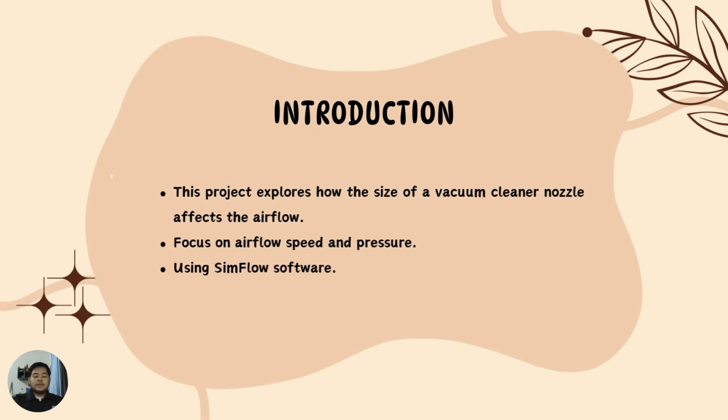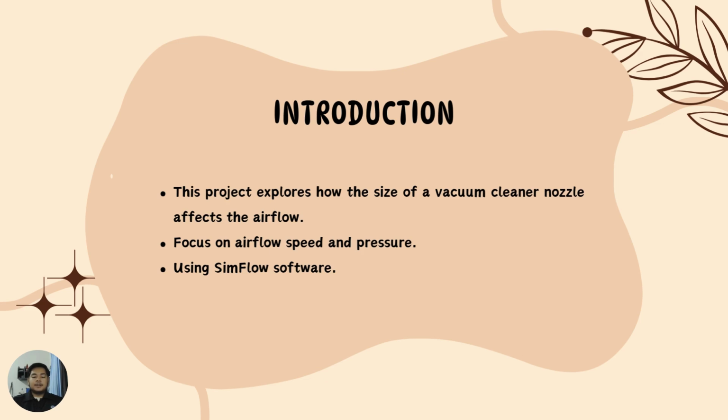Let me start with the purpose of this study. The primary goal of this project is to analyze the performance of vacuum cleaner nozzles, focusing on how the width and length of the nozzle head affect two critical factors: airflow velocity and pressure.